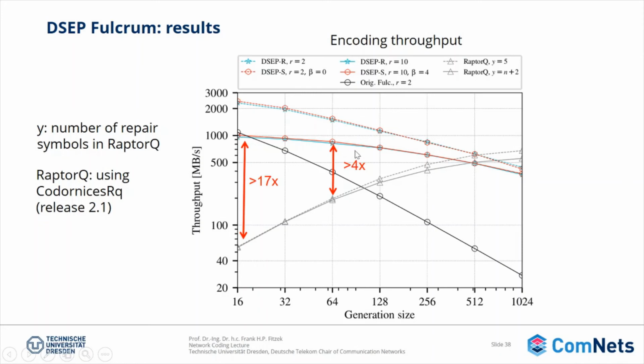And for a high generation size, for example, n equal 512 or larger, RaptorQ achieves higher than DSEP, but RaptorQ performs systematic encoding while DSEP performs non-systematic.